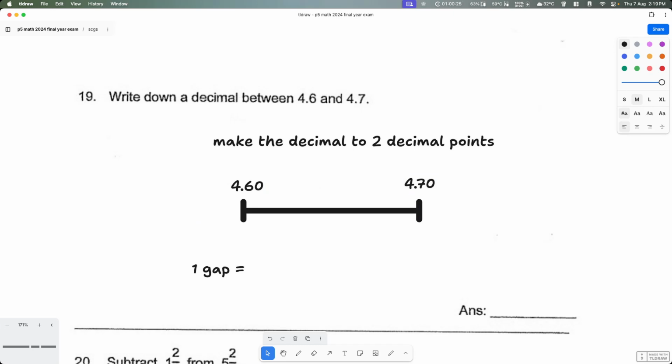From here, 4.70 minus 4.60 is equal to 0.10.